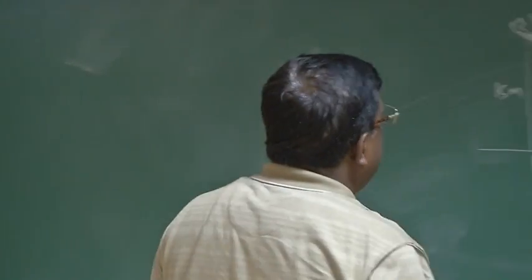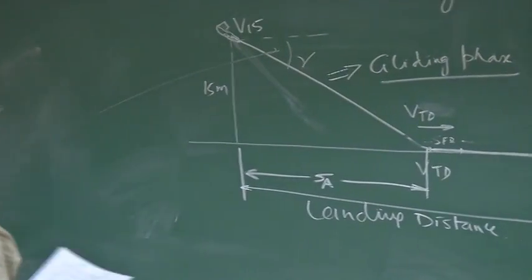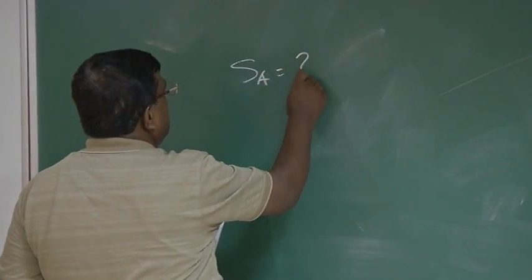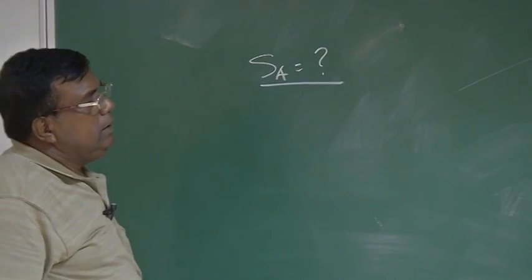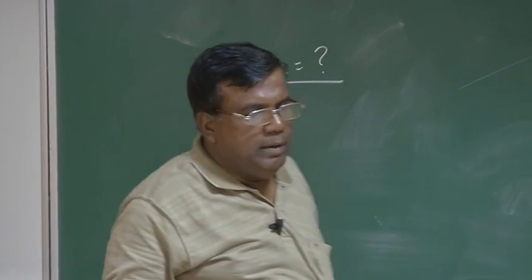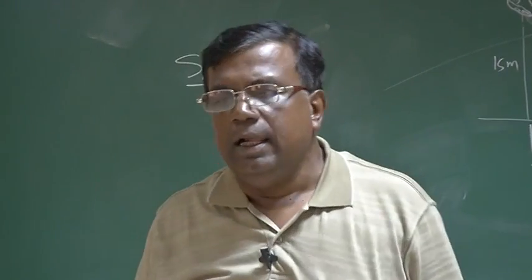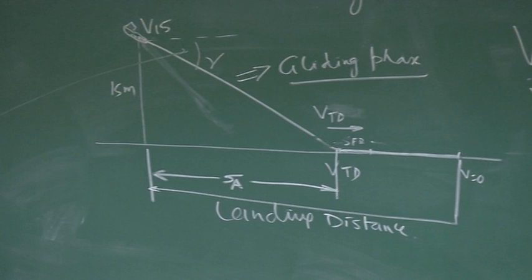Now, how to find this distance? SA is the question. As I told you, in estimating or calculating these things, you have to really apply your common sense to make things simpler, right? And get a quick estimate. That is the most important part.